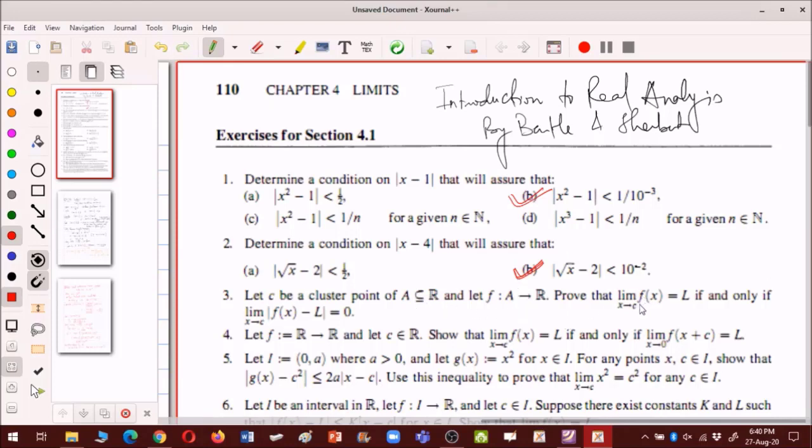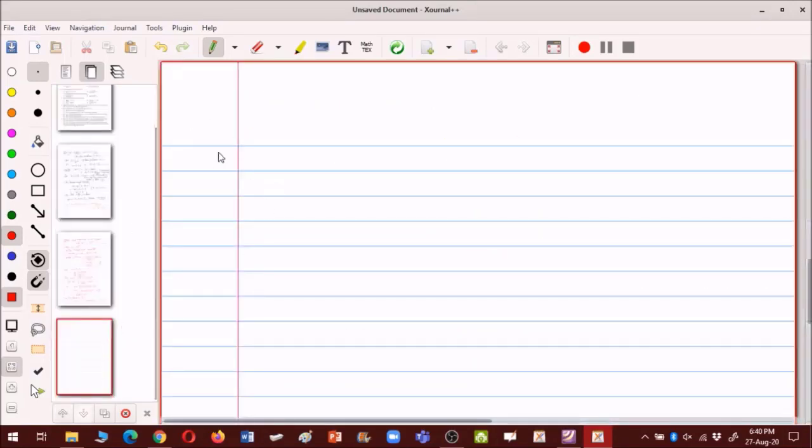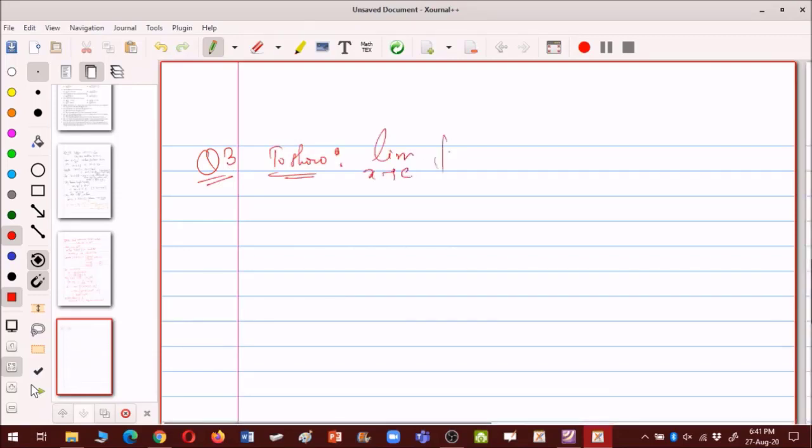It says we have to show that limit x tends to c, f(x) is equal to L if and only if limit x tends to c of mod f(x) minus L is equal to 0. So this we have to show.